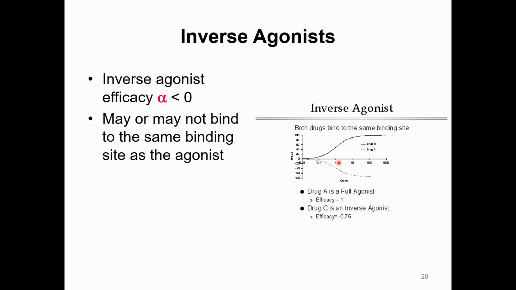It's doing the opposite of an agonist. And so this is the typical response of an inverse agonist. Now, if there were a partial agonist, it would be somewhere in between 0 and 100, okay? So that's kind of the way you can see the behavior of an inverse agonist. It's the only case where you actually get a negative efficacy.